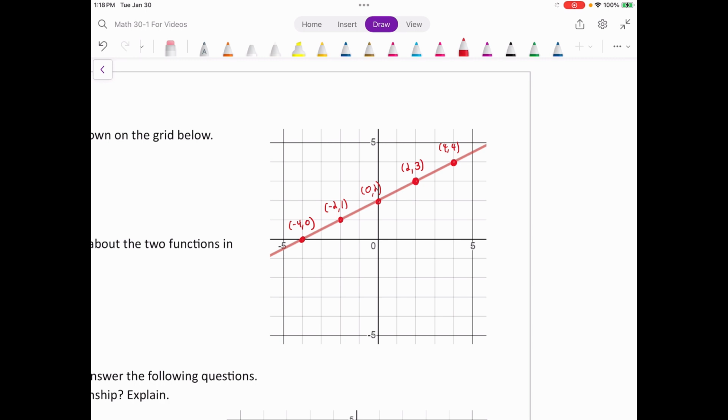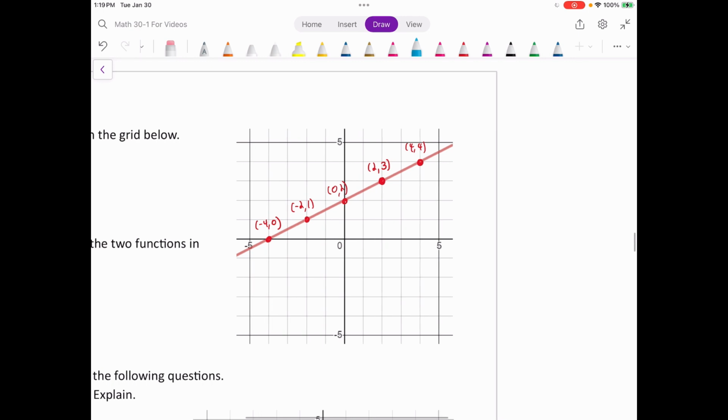Okay, so to start graphing the inverse of this function, what are we going to do? Well, let's start here. If the point negative 4, 0 is on the original, then swap x and y, and 0 for x, negative 4 for y will be a point on my inverse graph. Notice literally just switching the x and the y coordinates.